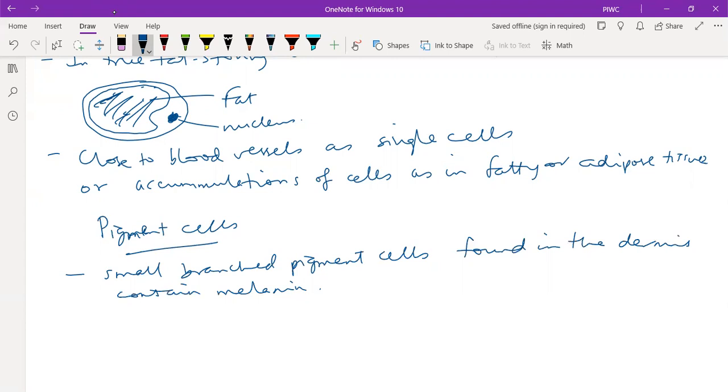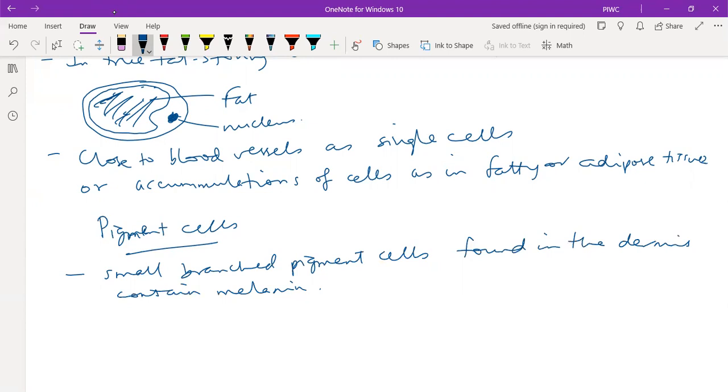Now, it's not usually clear if they actually form the pigments or whether the cells are connective tissue phagocytes whose pigment is derived from the epidermis, right? Now, cells which form their own pigments, called the melanoblasts, are found in the dermis and also in the choroid coat of the eye.